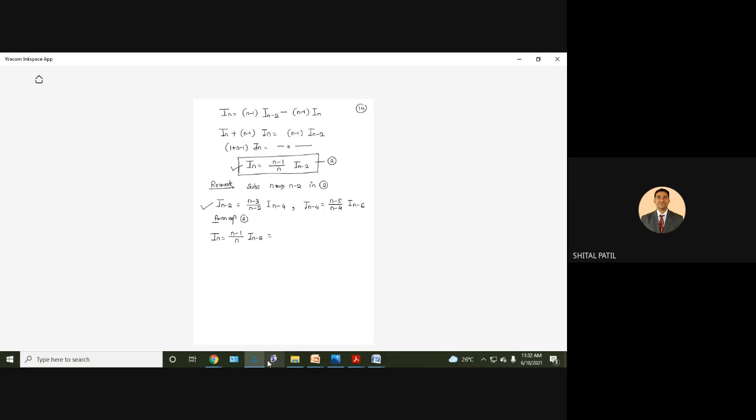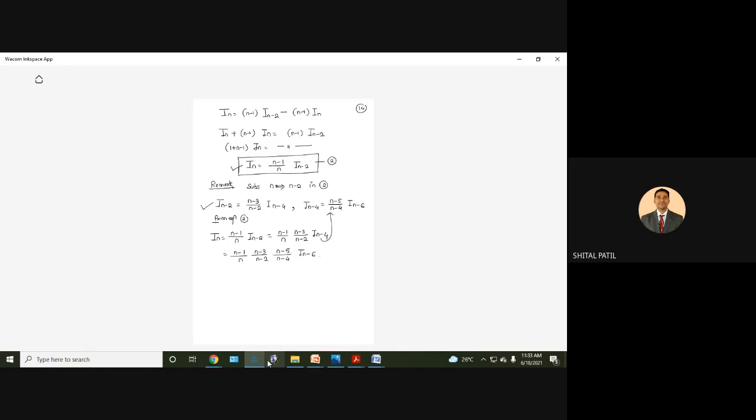Here it is: (n minus 3) divided by (n minus 2) times I_(n minus 4). Substitute that. So (n minus 1) divided by n, times (n minus 3) divided by (n minus 2), and I_(n minus 4) is (n minus 5) divided by (n minus 4), and then I_(n minus 6). Hope you might have understood.